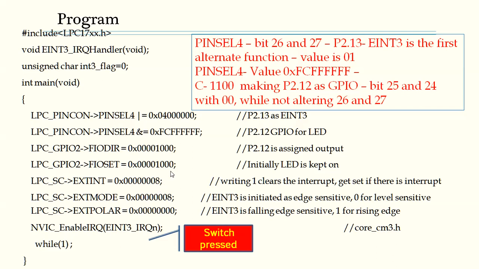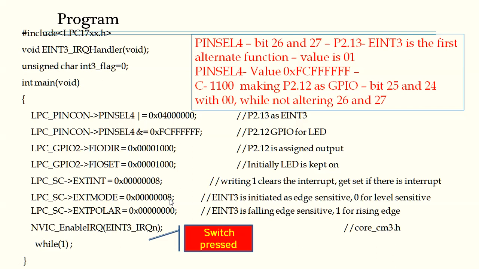The value 8 is 100, which means the third bit is being made as 1, implies that the interrupts are cleared, and moreover it is the external interrupt 3 which is being used. And in the external mode we have written a value of 1.